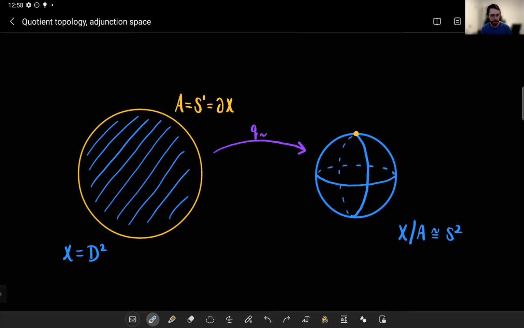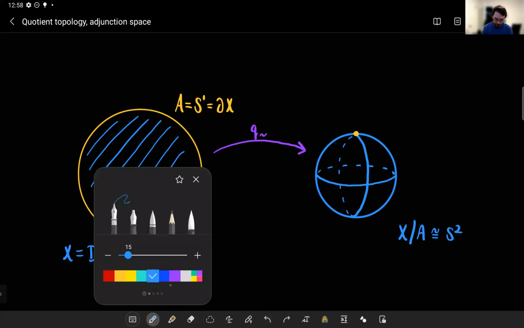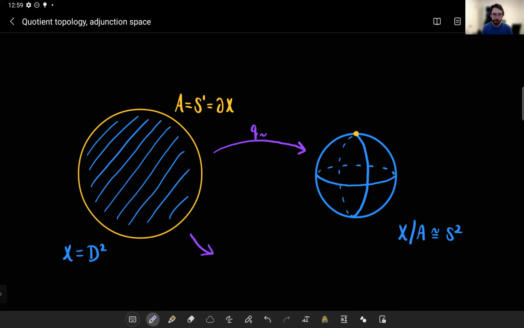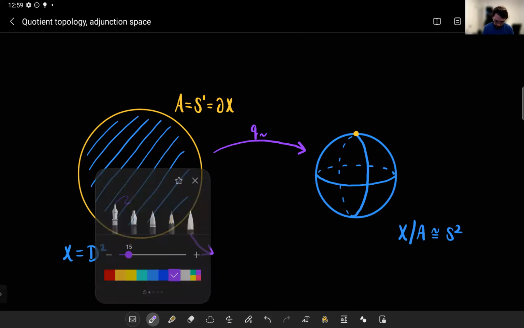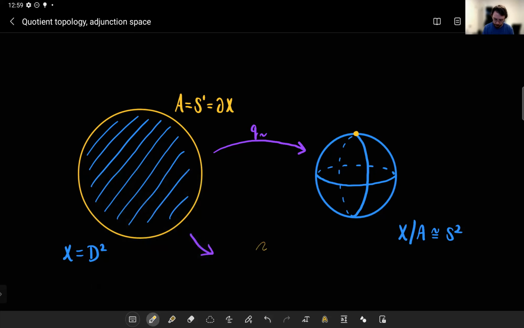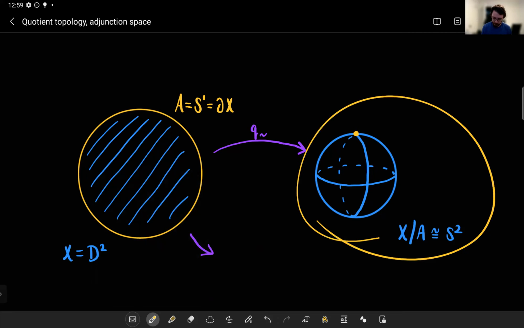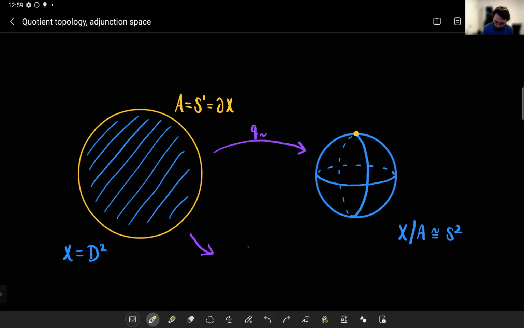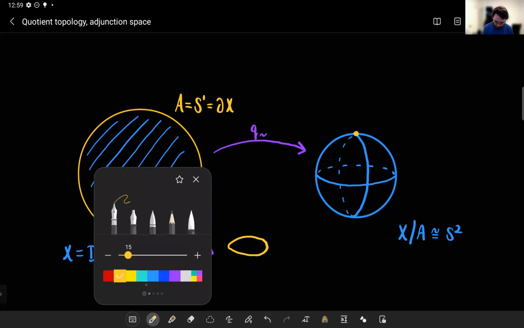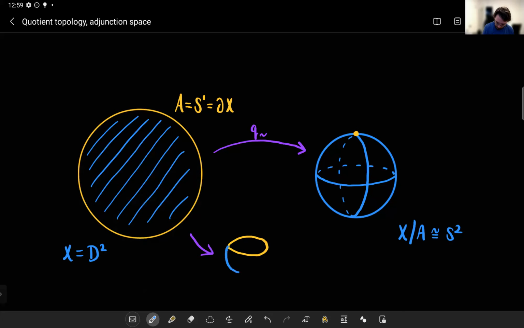But the important thing is I have a solid disk, and I'm looking at its boundary and saying, okay, I want to form the adjunction space where I take that boundary and I shrink it to a single point. So let's see what happens if we just make it a little smaller. Spoilers, it turns into a sphere, but in order to get there, you're shrinking, you're shrinking, you're shrinking, and the rest of the space kind of gets dragged along.